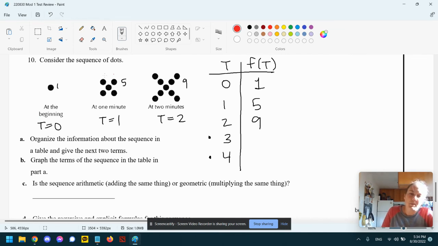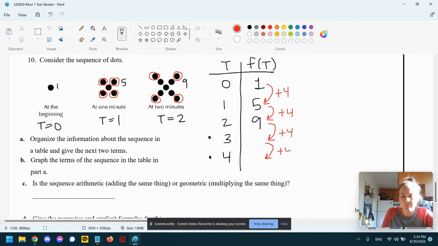It looks like what's happening is we're adding on like another layer around the middle one. So we added on these ones. And then over here, we added on these ones. So we can kind of lead ourselves to believe that each time we're adding 4, which means this should be 13, and this should be 17.